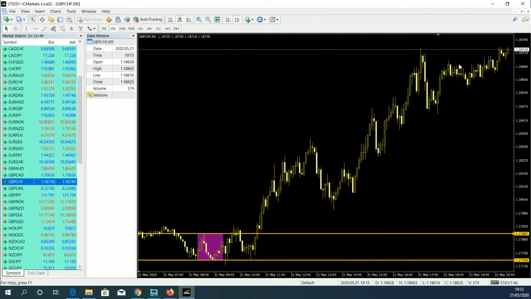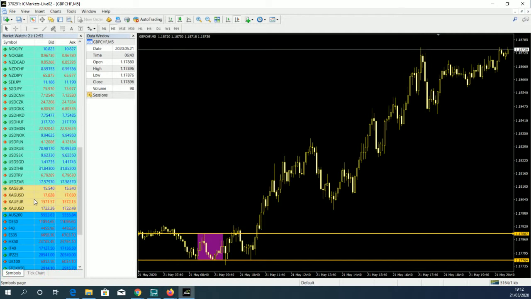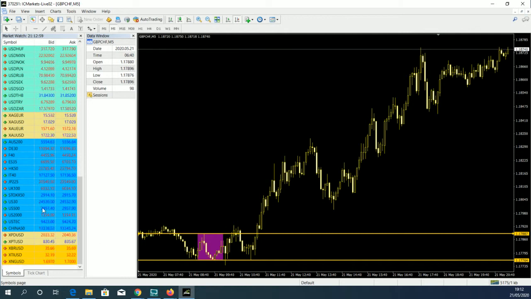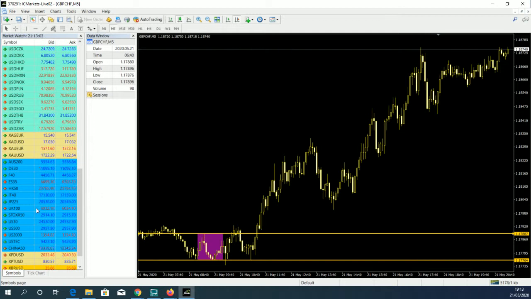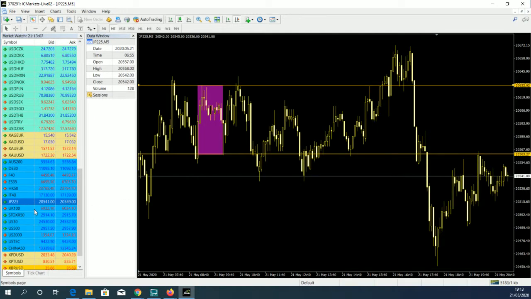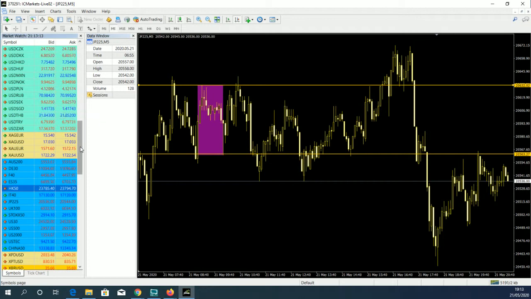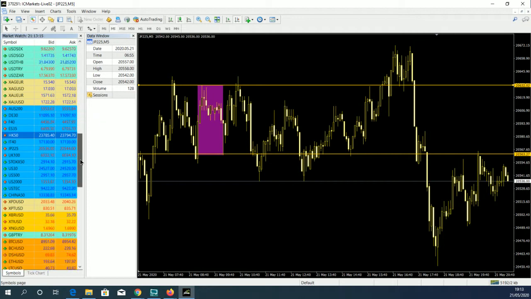Okay, Nikkei. All right, let's look at Nikkei. Which one is the Nikkei? JP, is it a 225, or which one is Nikkei? Do I have it here? Okay, let me view all symbols.